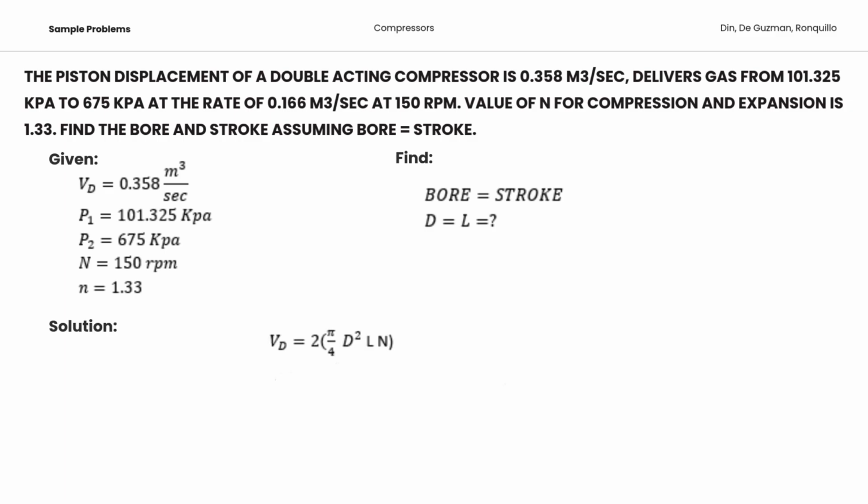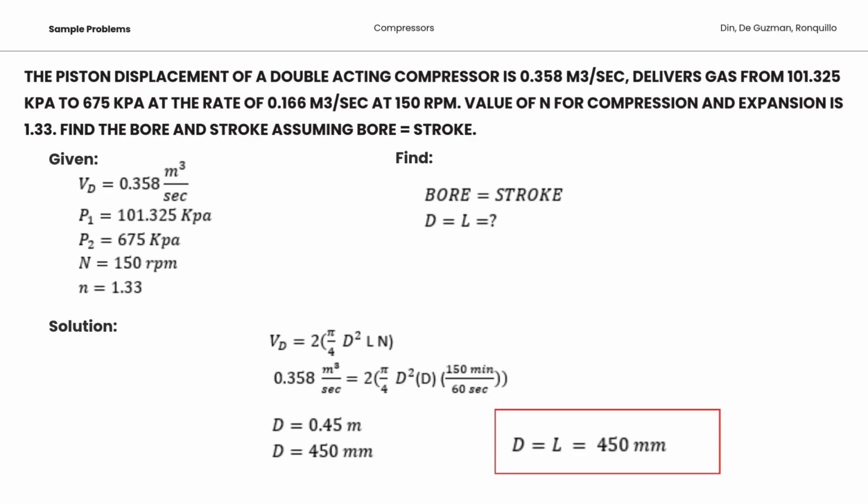So by that, we can use this formula, formula ng volume displacement is equals to 2 times pi over 4 D squared L times N. So, yun nga, meron na tayong given na VD, may ang D squared is hinahanap, and then D is equals to L nga, and then N is given. Ang VD mo is 0.358 cubic meter per second, and then 2 times pi over 4. So, equals na natin tong L as D.